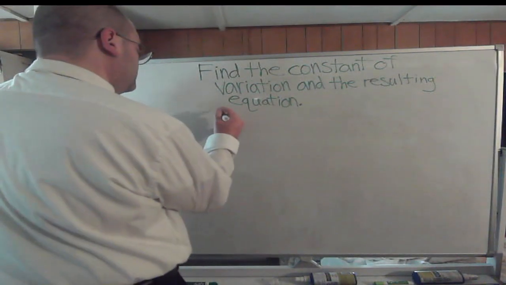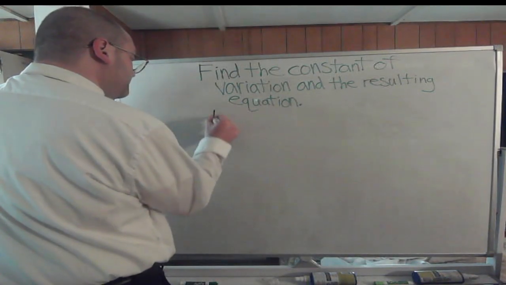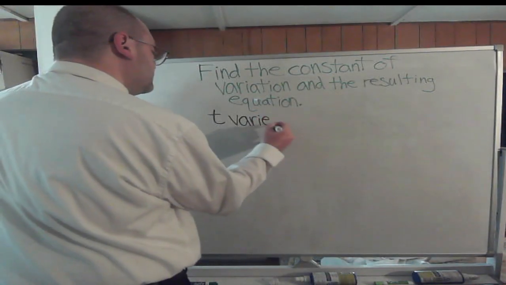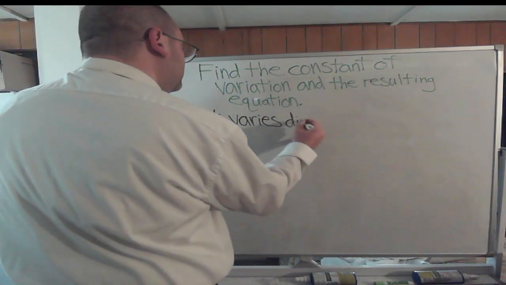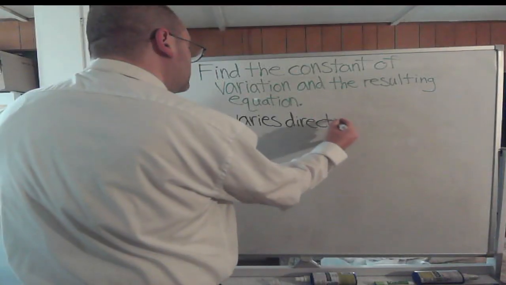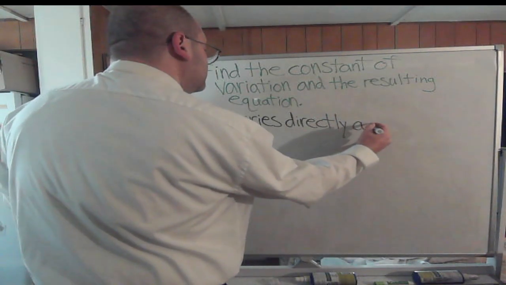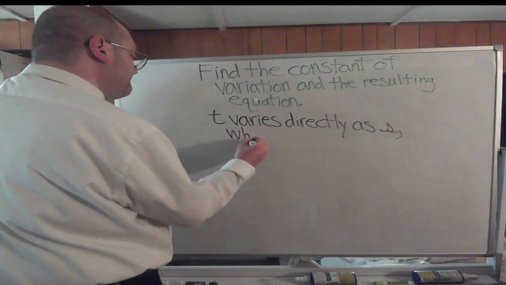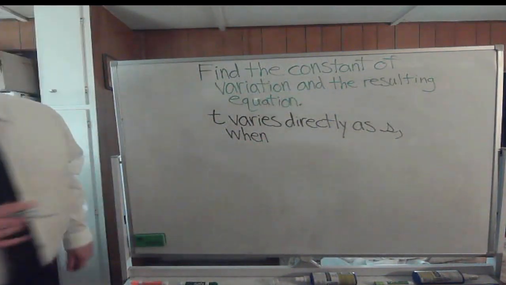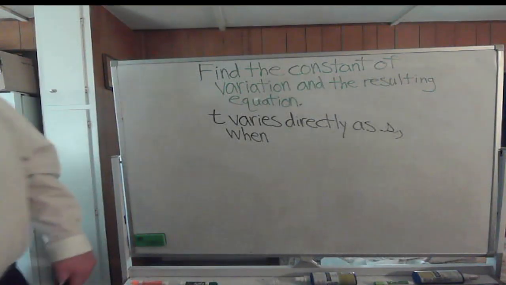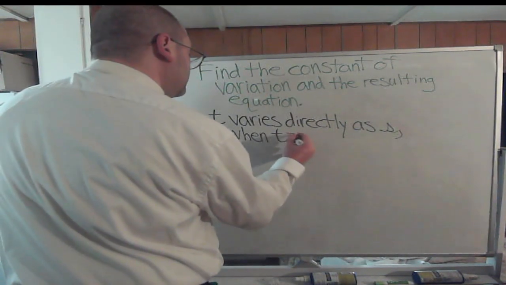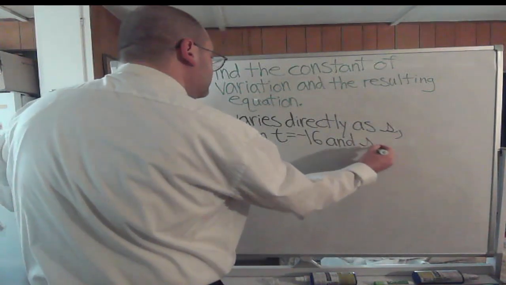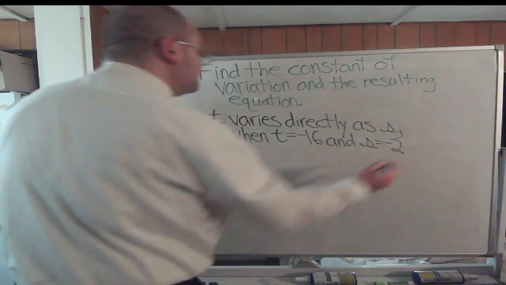Alright, let's see. This is a little bit different. T varies directly as s when t equals -16 and s equals -2.